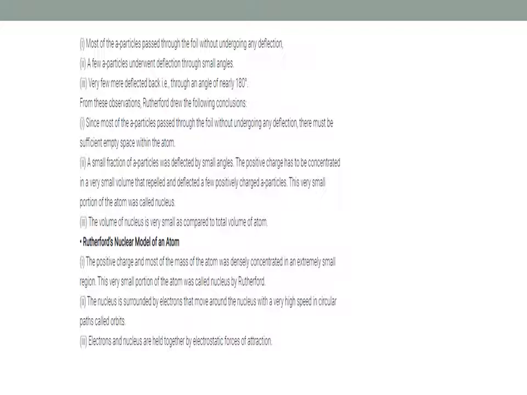From these observations, Rutherford drew the following conclusions. Number 1. Since most of the alpha particles pass through the foil without undergoing any deflection, there must be sufficient empty space within the atom. A small fraction of alpha particles were deflected by small angles.